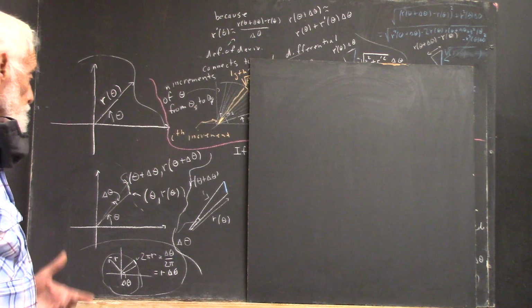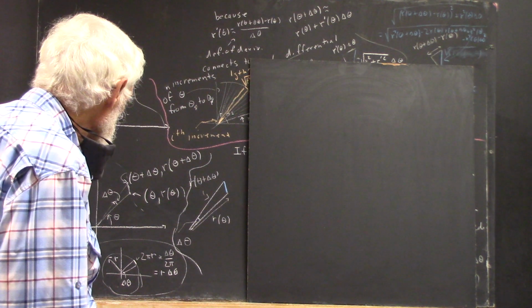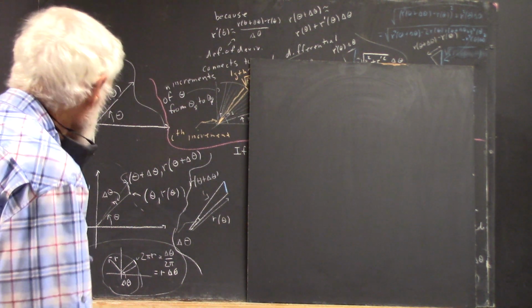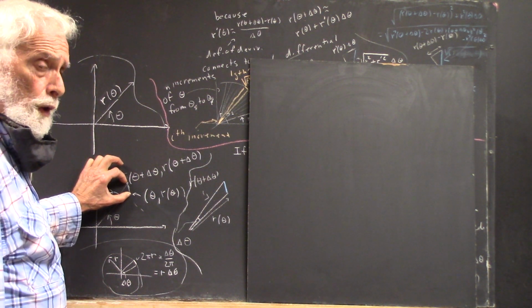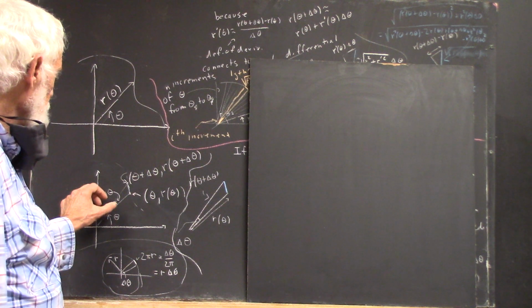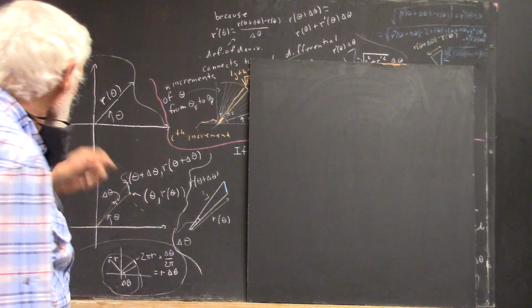Okay. Now my question is, well, there are two questions. How long is this segment? Or, to a good approximation, if we assume delta theta is small, okay?